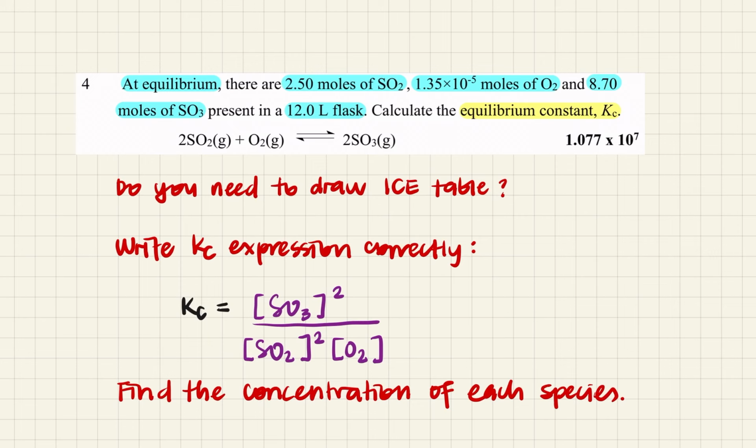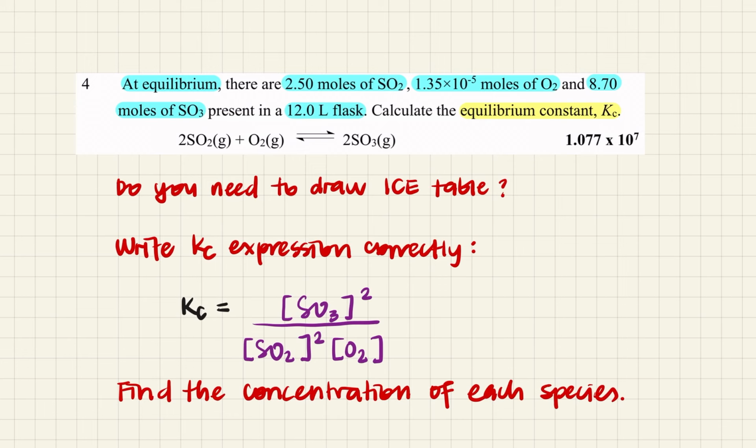Right, so that is your expression. So from this expression, you should know that this is at equilibrium, this is at equilibrium, and this is at equilibrium, because this is Kc, equilibrium constant.